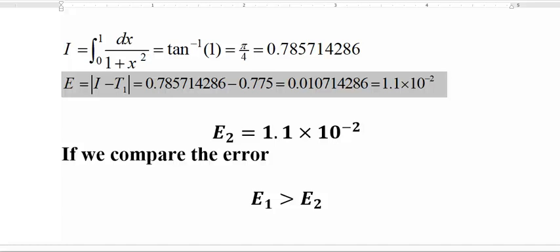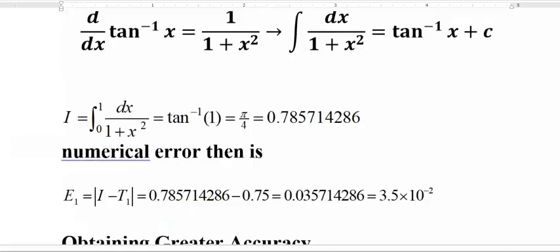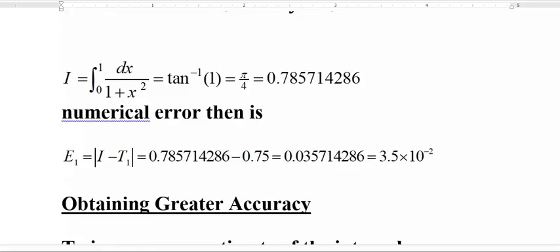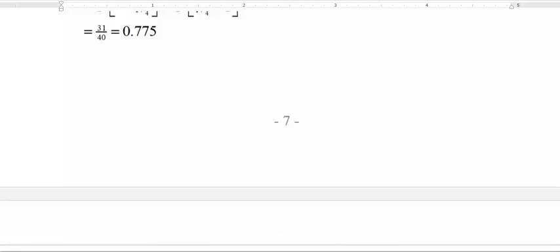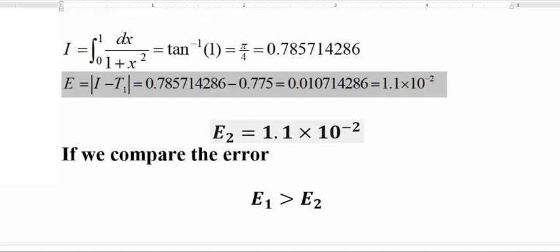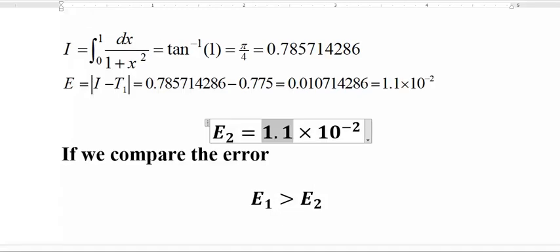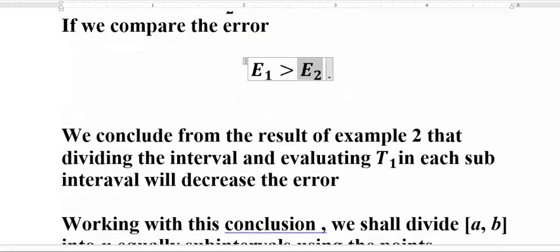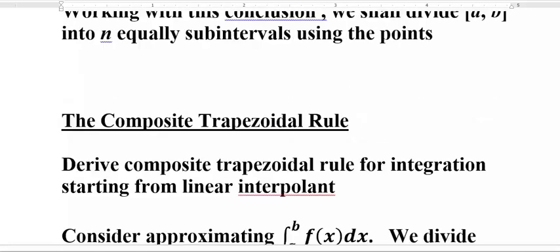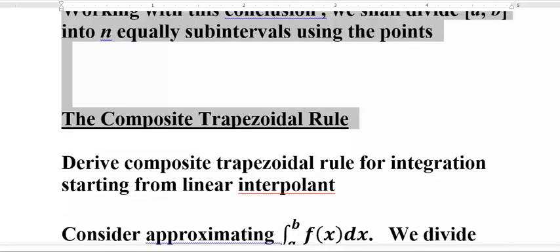If we compare the error in this situation and the previous, in the previous situation the error was 3.5 times 10 to the power minus 2, and here we have 1.1 times 10 to the power minus 2, so the error here decreases. So E1 is greater than E2. Okay, the composite trapezoidal rule.